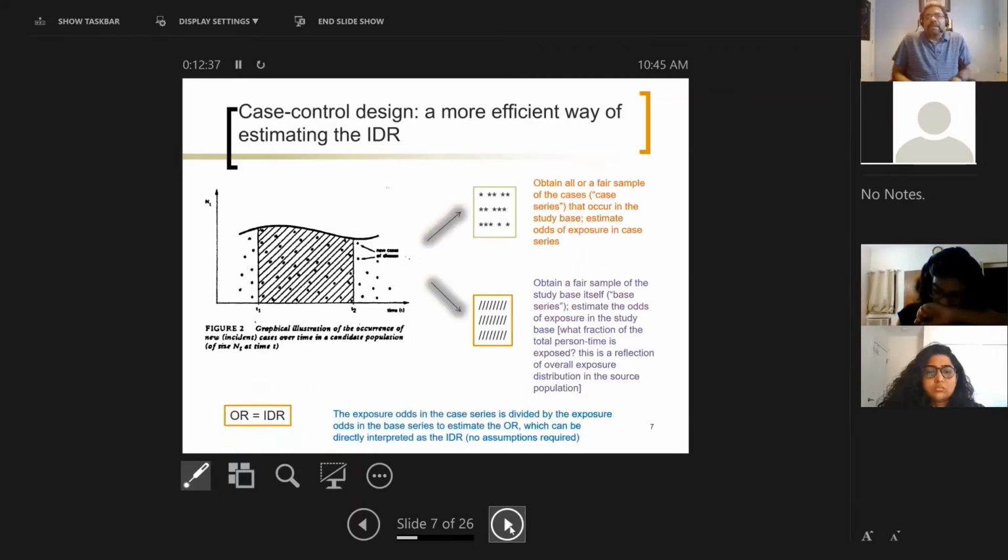Now, the case control design is essentially a way to trick the situation into giving us pretty much what we would get from a cohort study.